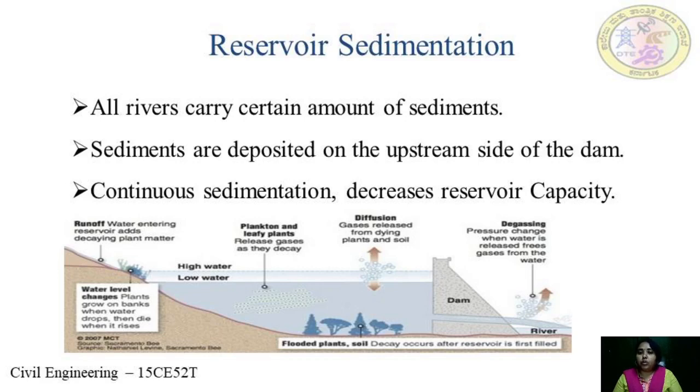As you already know, all rivers carry some amount of sediments along with them. That is, all the water that is entering the reservoir carries some amount of finer fractions of soil that may be in the form of silt and clay particles, which get deposited on the riverbed, which we call sedimentation. So this basically produces the erosion in the catchment areas.